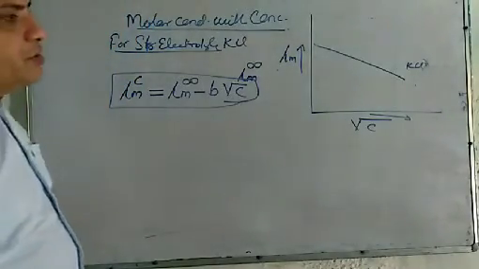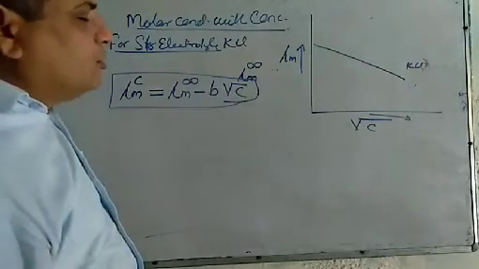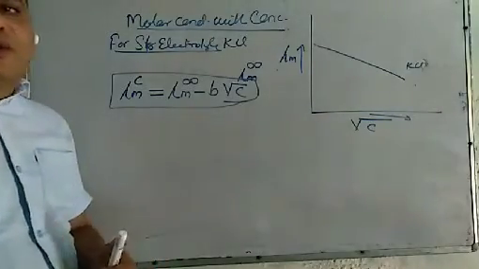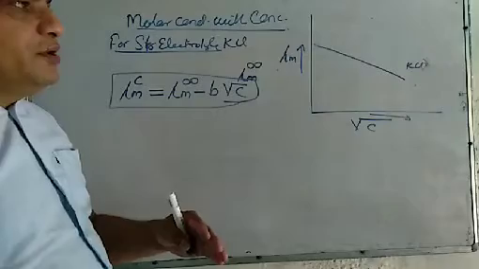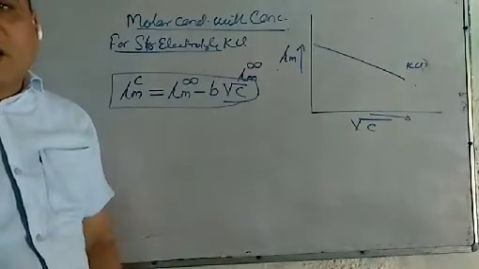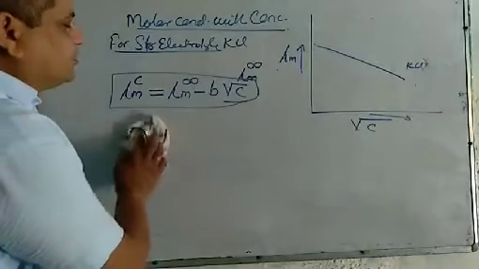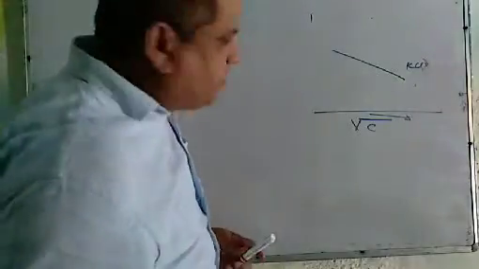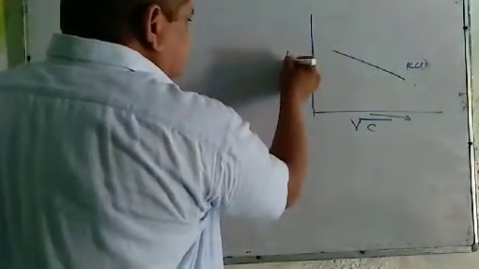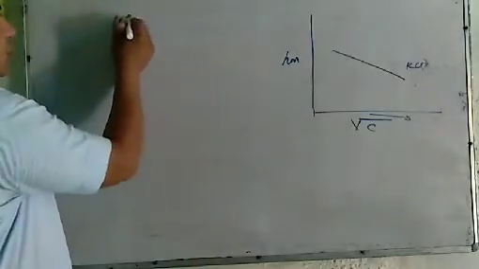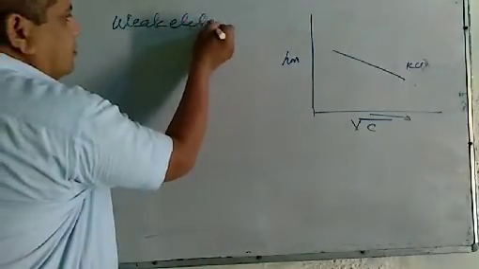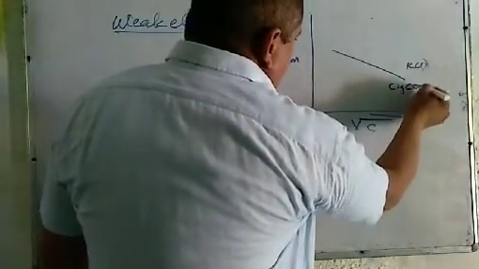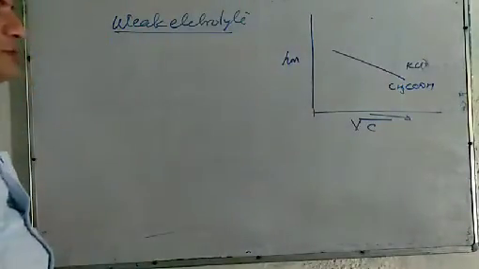So, on increasing the dilution or decreasing the concentration, the increase in molar conductivity of a strong electrolyte is actually due to increase in the space to move the ions that carrying the charge. Now, for weak electrolyte, like CH3COOH, acetic acid, ethanoic acid.